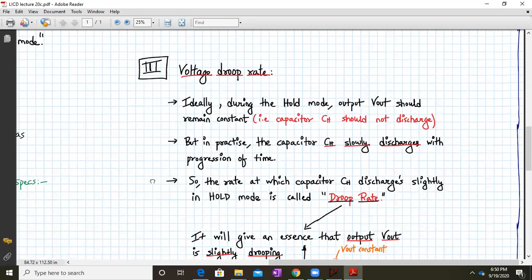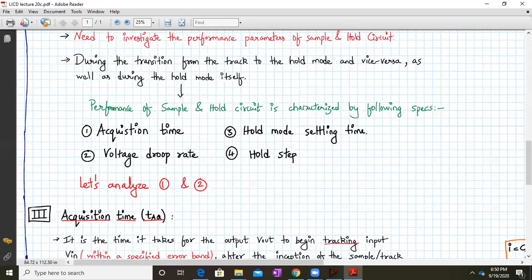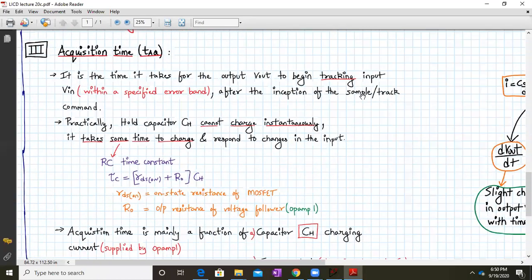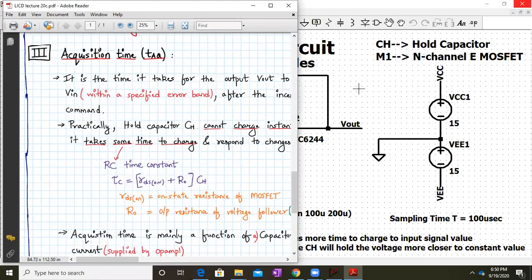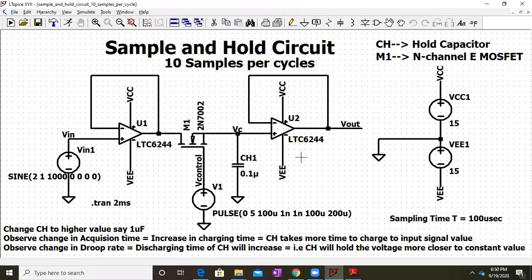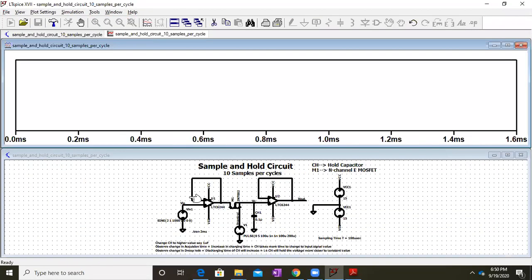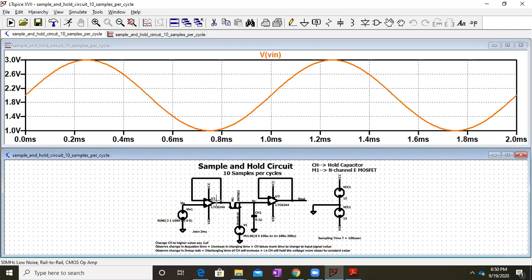I think I have to go for the acquisition time first. So this is the acquisition time. First, let me show you the acquisition time in LTspice. This is my sample and hold circuit for 10 samples per cycle. Let me check the input and output waveforms. Yes, these are my input and output waveforms.